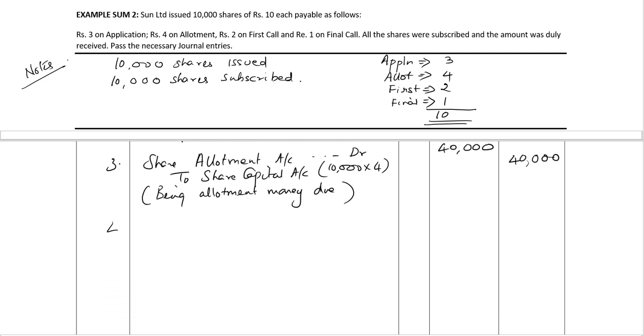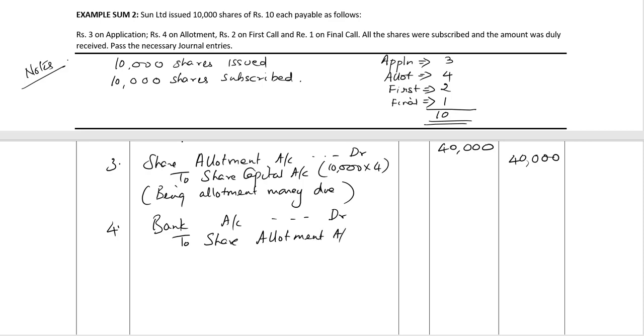The next journal entry is for receipt of the allotment money. Bank account debit to share allotment account, being allotment money received. The amount due fully has been received, so amount received is 40,000 rupees.